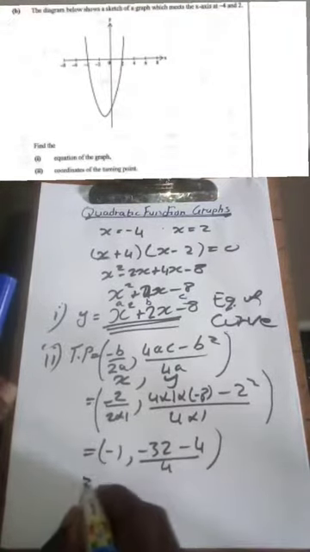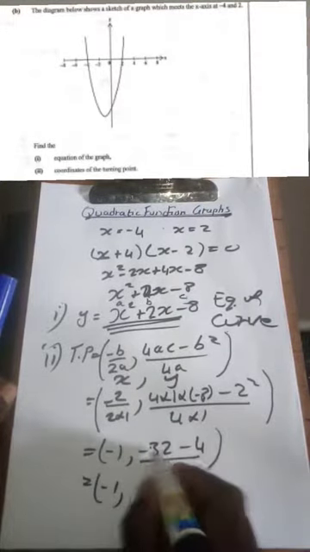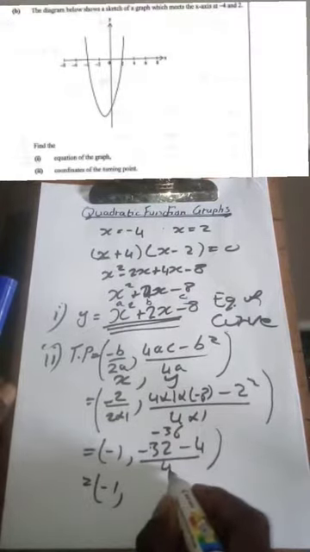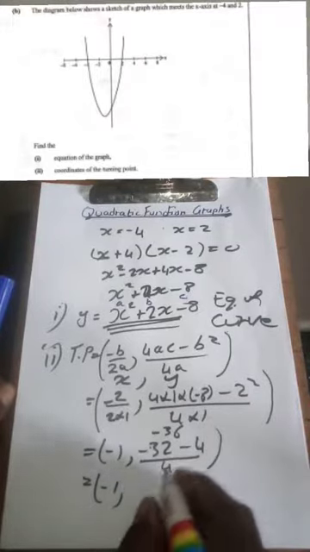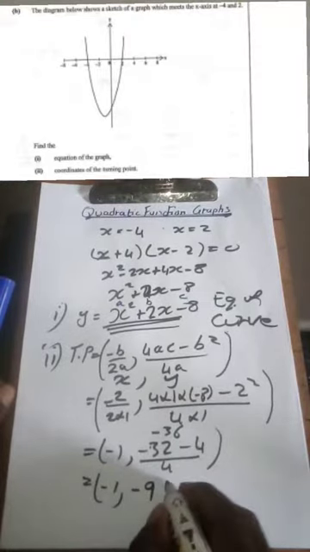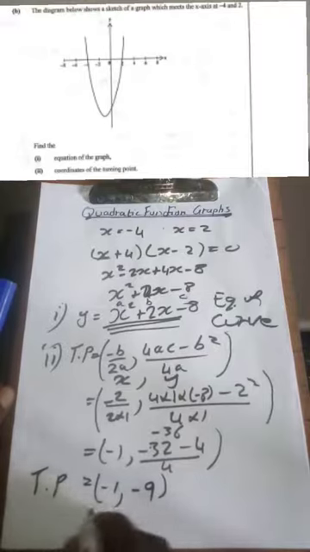So the answer is going to be negative 1. This and this are going to give us negative 36. Then 4 into negative 36, we're going to get negative 9 right there. So that's the turning point.